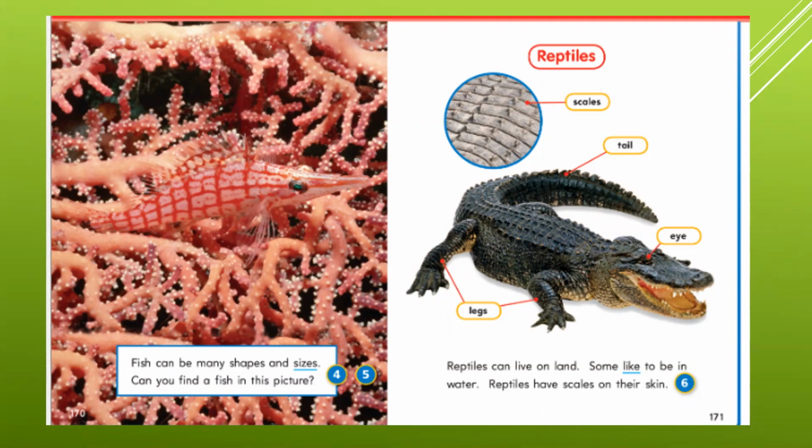From the first look, maybe I cannot see the fish because it has the same color, but when I'm focusing, I can find it. So from the first look, it's very hard and difficult to see it because it has the same color.